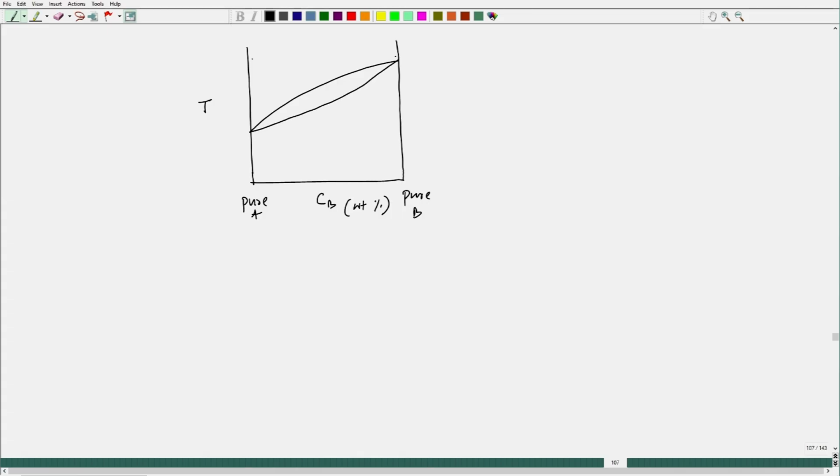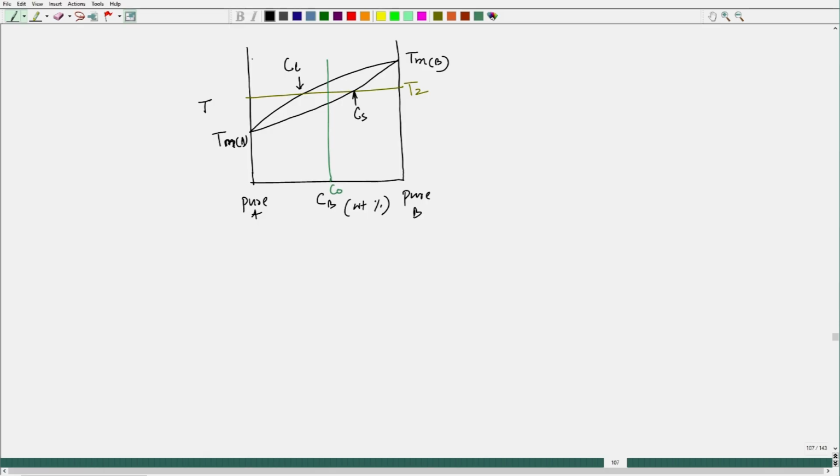This is the plot we have seen, and this is TM B, this is TM A, and I am trying to look at, this is T2 temperature, and the composition that was chosen is C naught. This is in weight percent. So, this is the composition C liquid and this is the composition C solid.